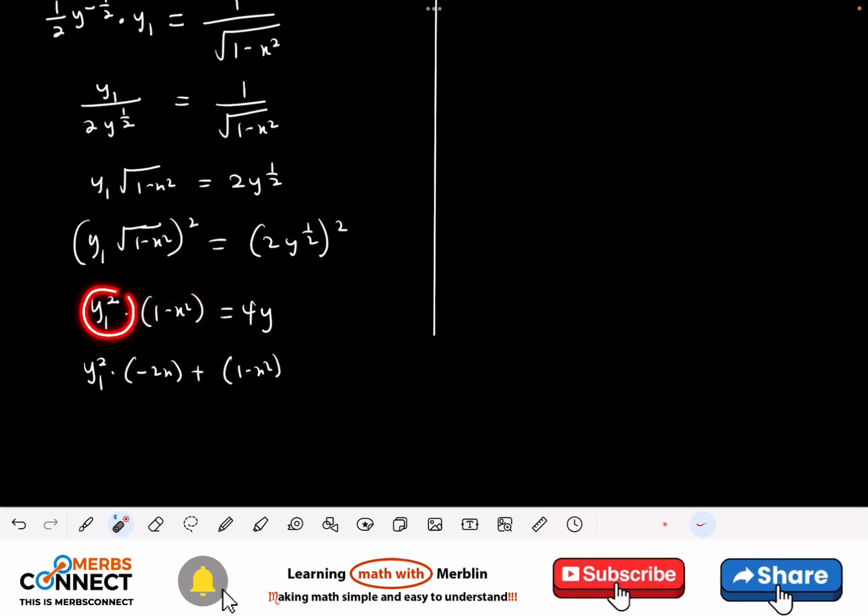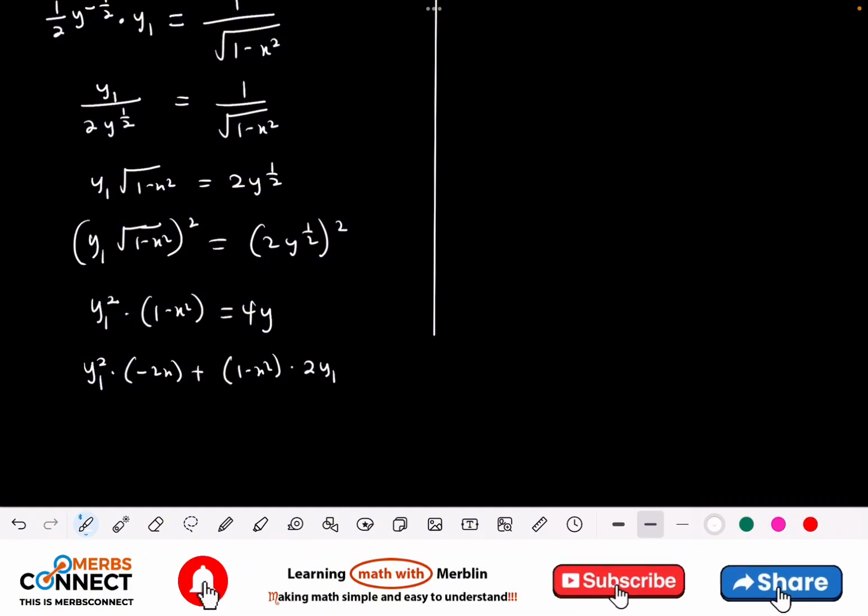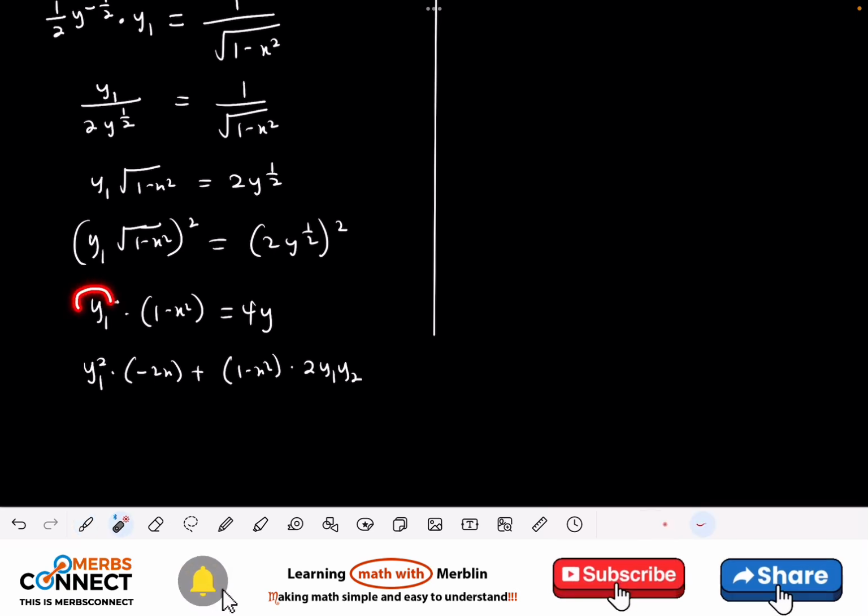I think we did this sum in the previous video. This is going to give us 2y1 y2, right? So power rule, 2 goes down, I subtract 1, so this one will be left with just y1. Then I need to differentiate y1 again, which will give me y2.